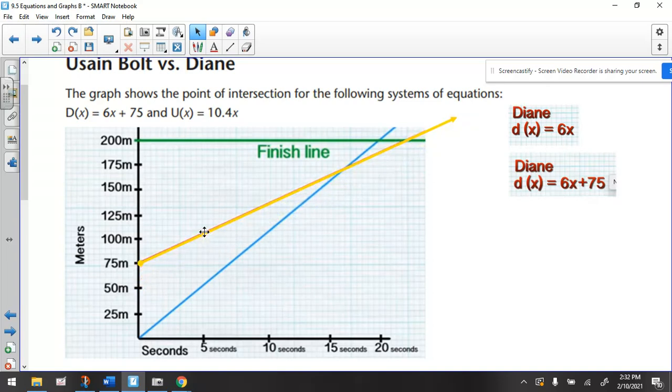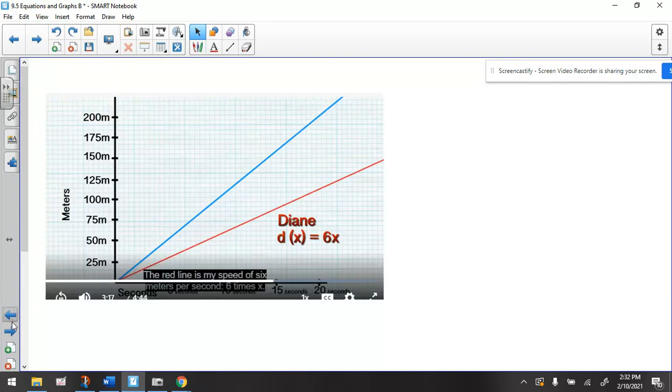So she proposes in the video, what about a 75-meter advantage? Is that enough? According to this graph, he would pass her at about the 15-second mark. So the question we're trying to answer is, how many meters of an advantage does she need to get a head start?